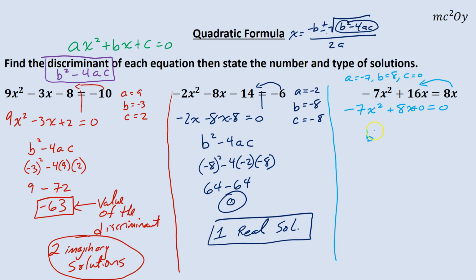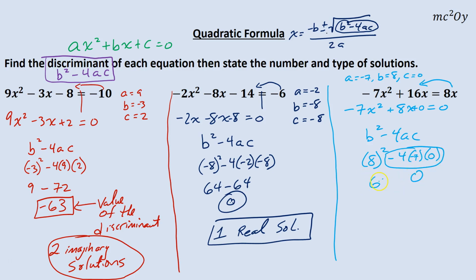So when I do B squared minus 4AC on this one, notice what happens. 4 times A times C. Well, that B is here, so we get that 8 squared, and we have 4 times -7, but then C is 0. So I'm multiplying this chunk. 4 times 7 times 0 is 0.